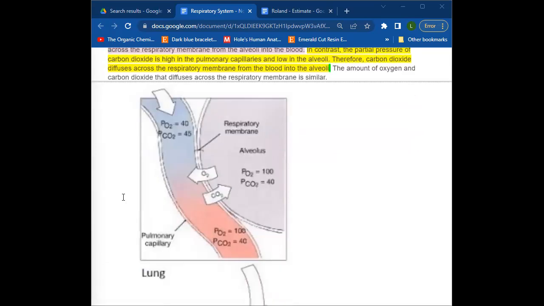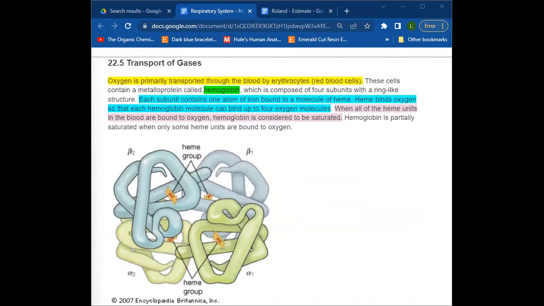Okay, now let's skip that for a minute. Let's take a look at transport of gases. So we need to know that oxygen is transported primarily through erythrocytes. Erythrocytes are red blood cells. And then the red blood cells, the erythrocytes, they contain hemoglobin.